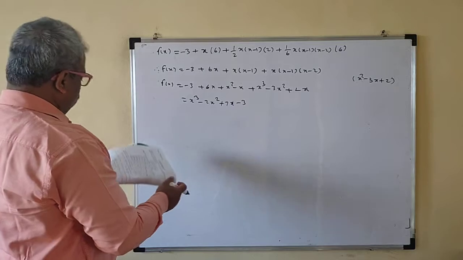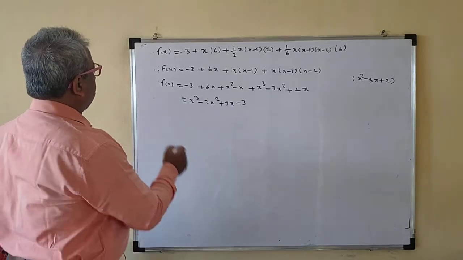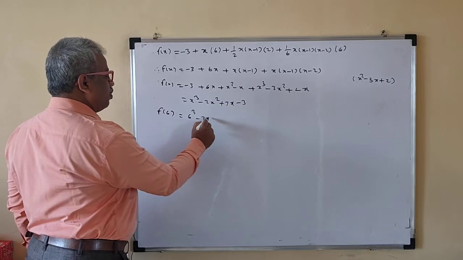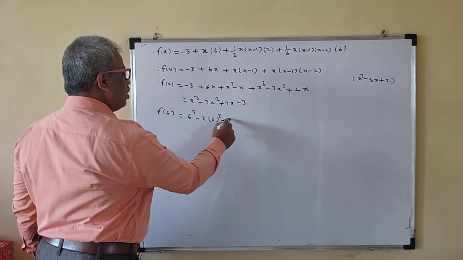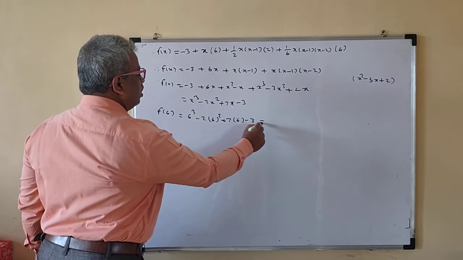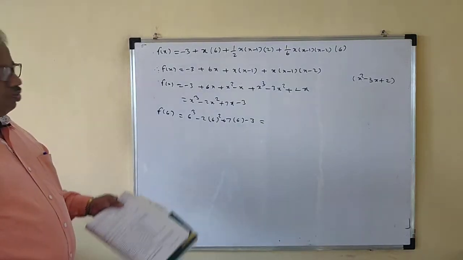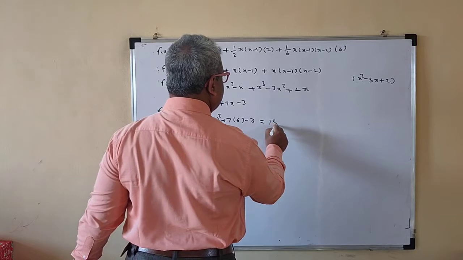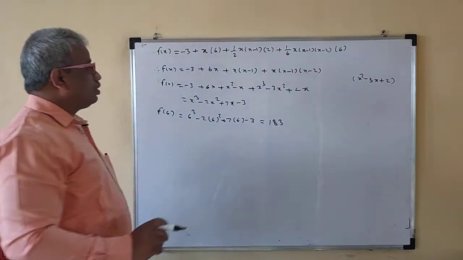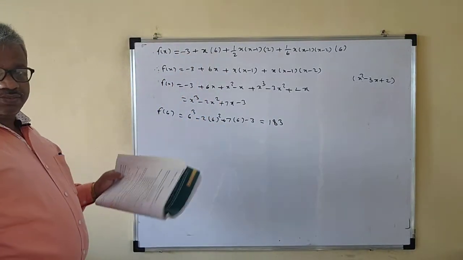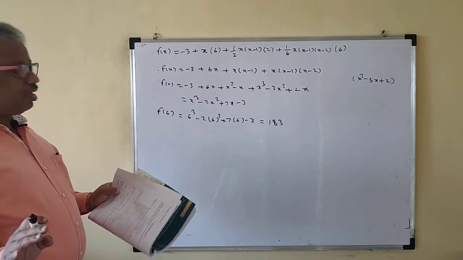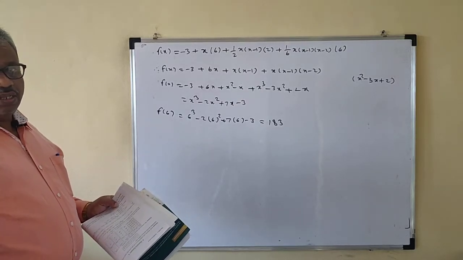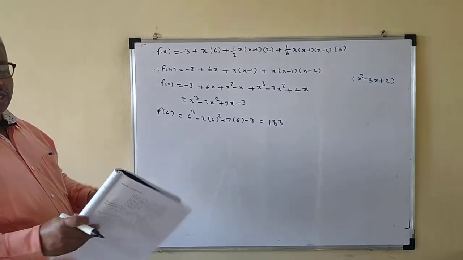Now what you want is to find the value of f of 6. F of 6 is 6 cube minus 2 into 6 square plus 7 into 6 minus 3. The calculator is allowed, so with the help of the scientific calculator you can find the value of this. This is 183. Now see, this is f of 6. You cannot find the value of f of 6 with the help of Newton's forward interpolation formula, because 6 is an extrapolation.